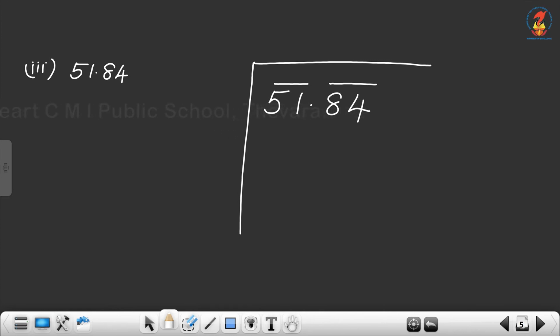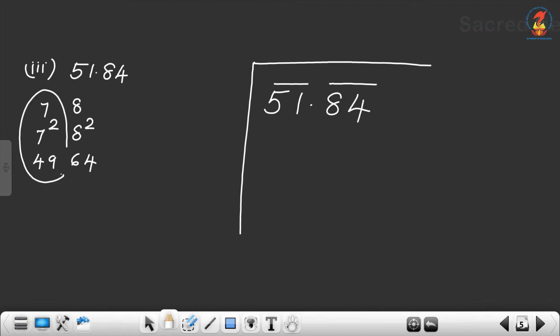Now think of the largest number whose square is less than or equal to 51. Now if you take 7, 7 square is 49. If you take 8, 8 square is 64. So we have to select the number 7. So write 7. 7 will come in the quotient also.